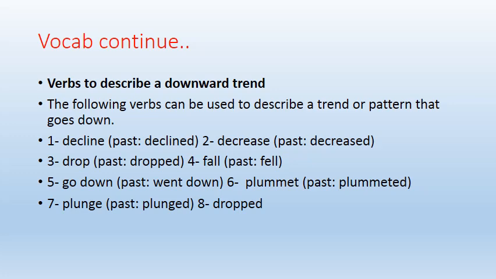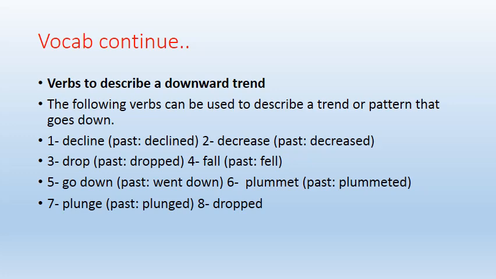Now the second thing is verbs to describe a downward trend. I've shown you some upward trend words and now I'm showing you some downward trend words. The following verbs can be used to describe a trend or pattern that goes down: decline, declined; decrease, decreased; drop, dropped; fall, fell; go down, went down; plummet, plummeted; plunge, plunged; and finally dropped.